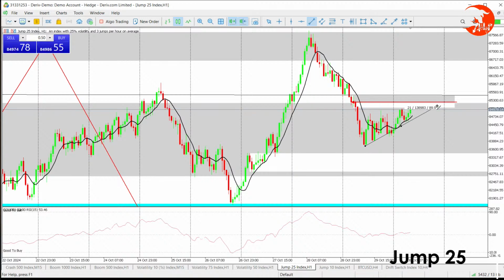I want to show you the confirmation of that sell from the rising wedge that has been formed there. That's a rising wedge.